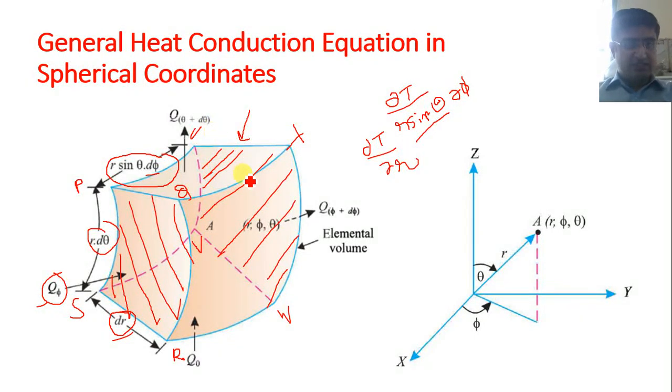So here is the surface from which some amount of heat is coming out. If you want to find this value, then it is equal to the amount of heat entering into the surface plus the rate of change of heat in the r sine theta d phi thickness.